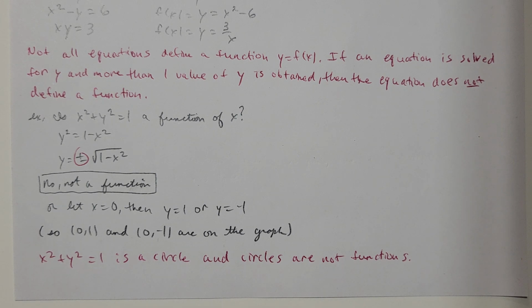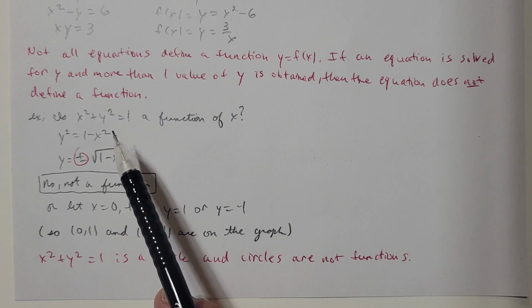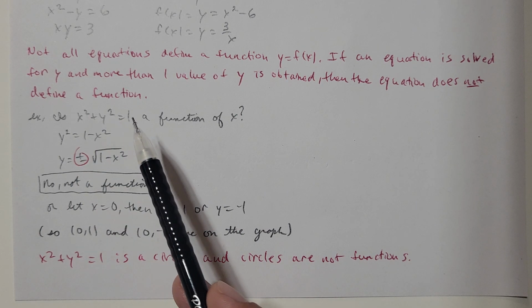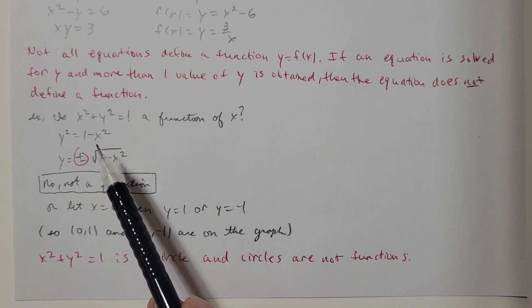Let's get this into explicit form. Right now we're in implicit form, because the equation has not been solved for y. So let's solve it for y. I'm going to subtract x squared from both sides. I get y squared equals 1 minus x squared.